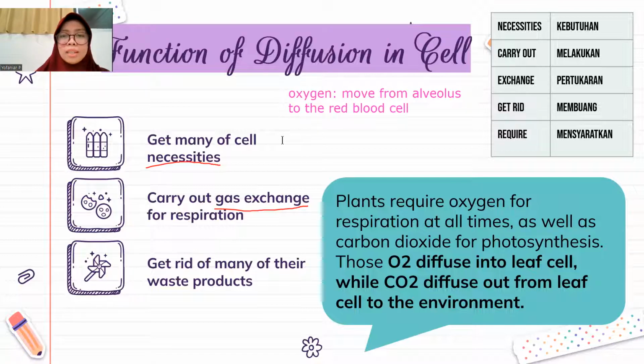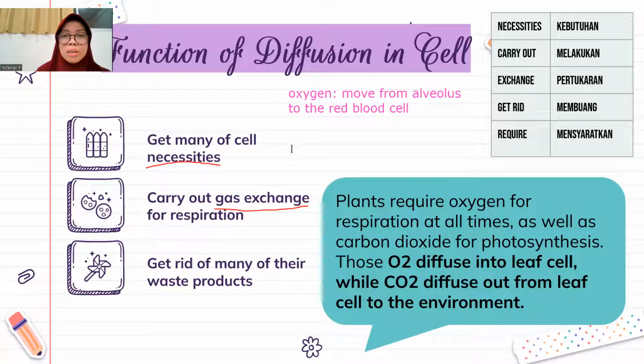If we have this kind of condition, it means the alveolus should contain a higher concentration of oxygen, right? Because remember, diffusion always starts from the high concentration and the particles will move into the lower concentration, okay?